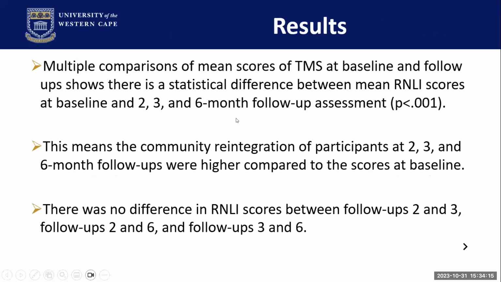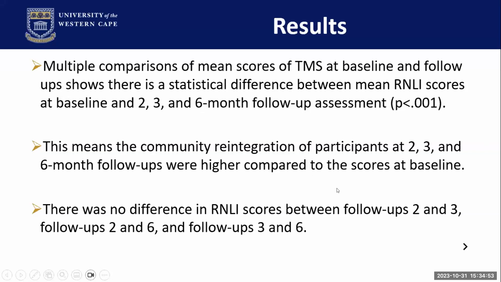Multiple comparisons of the mean scores were also done at the traditional medicine setting, at baseline and the follow-up periods, to know at which of the time periods the significance was reflected. This also shows that the mean differences between the Reintegration to Normal Living Index scores were significant between baseline and 2 months, baseline and 3 months, and baseline and 6 months follow-up period, all with a p-value of less than 0.01.